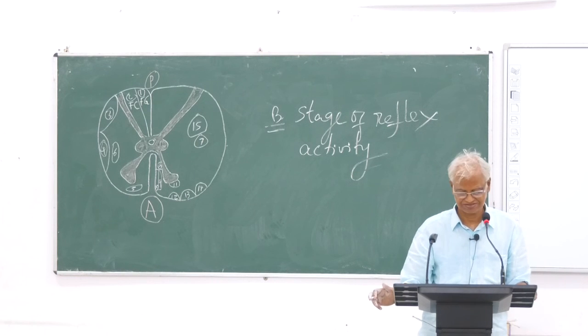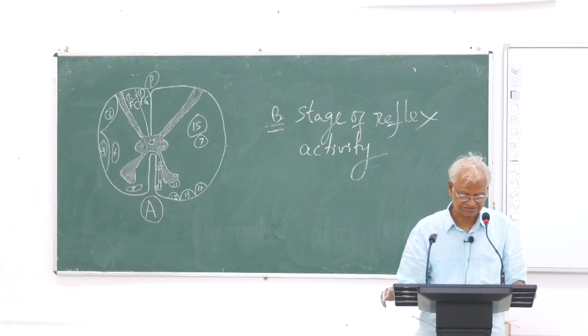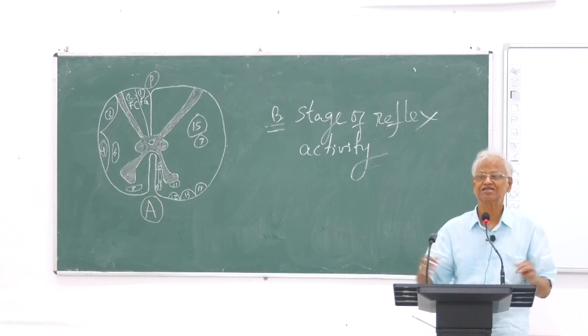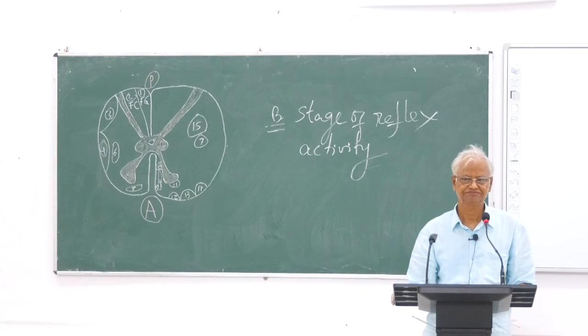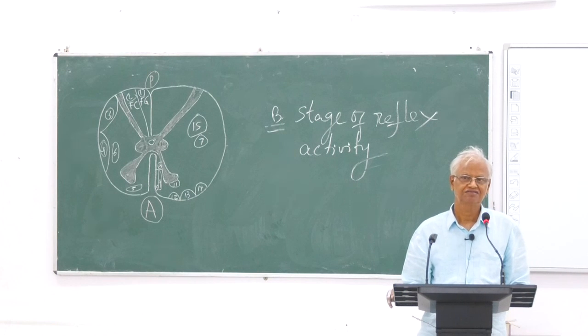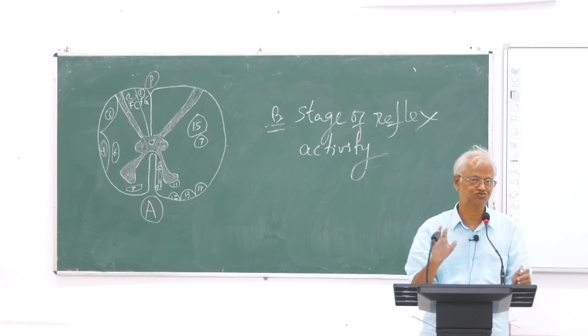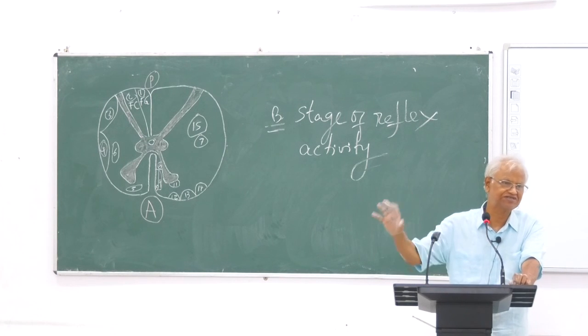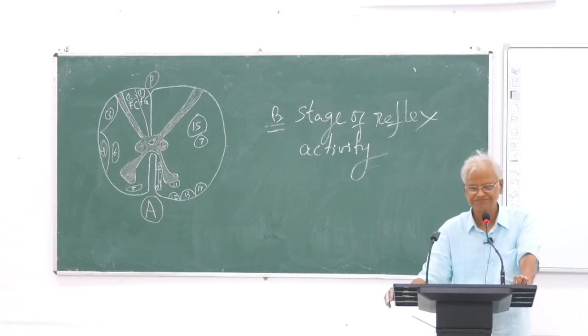Why this happens and how this happens? Usually these patients lie down for a long time, say 2 weeks or 3 weeks, cannot move. So firstly there will be bed sores. Secondly there will be infection, infected bed sore.